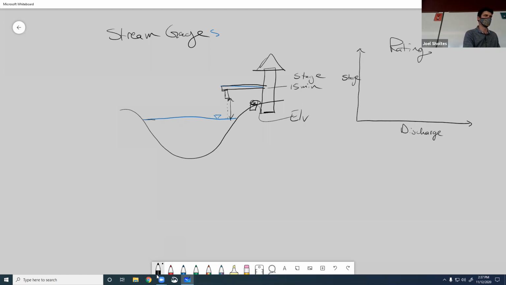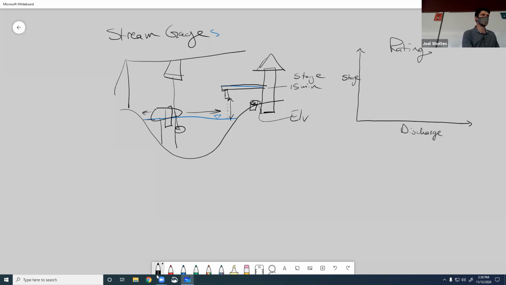measurements where they'll go out in a little boats, or sometimes you'll see these tramways that go across, a little cable car, and they'll sit in that cable car and put down a device that can measure the velocity of the water. Or they'll get in a boat and put their acoustic Doppler velocimeter in there and just go back and forth, right?